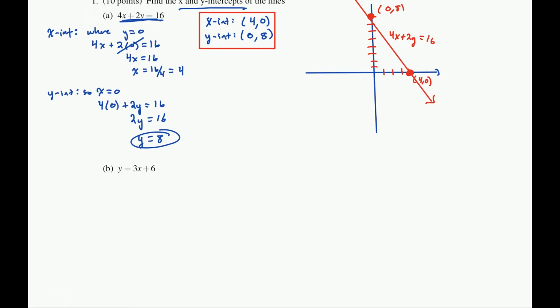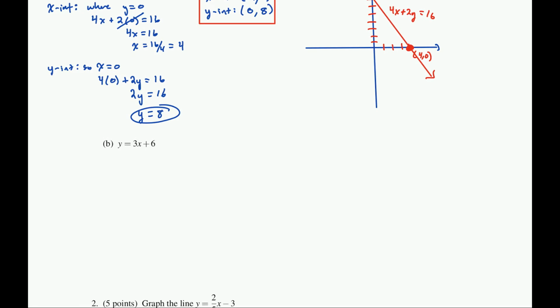Now, the second problem, y equals 3x plus 6, is a little bit different. I mean, it is and it isn't. This is already written in slope-intercept form, and whenever you have y equals mx plus b, the b is automatically the y-intercept.